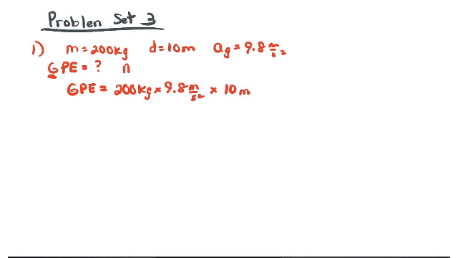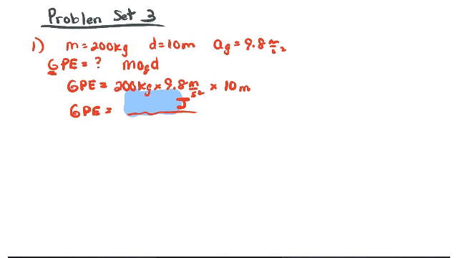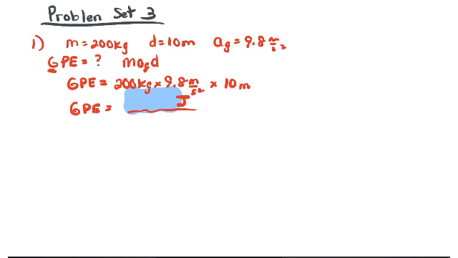I kind of failed with that. So we have magd. You have to plug these values into your calculator, and then you're going to tell me how much work was done in lifting it, which in turn tells us how much gravitational potential energy is stored in that hammer of a pile driver.